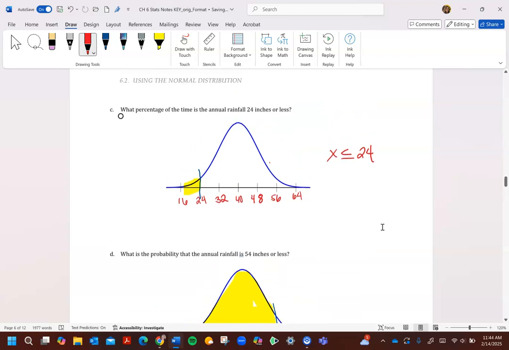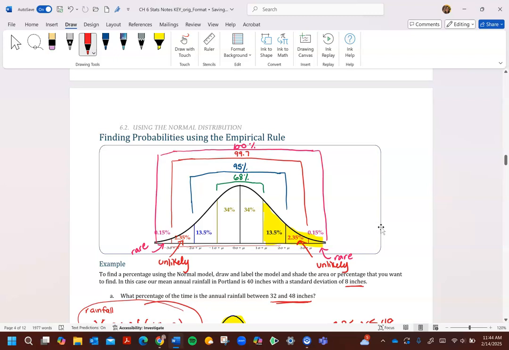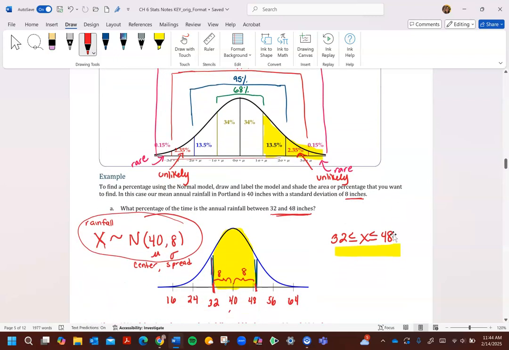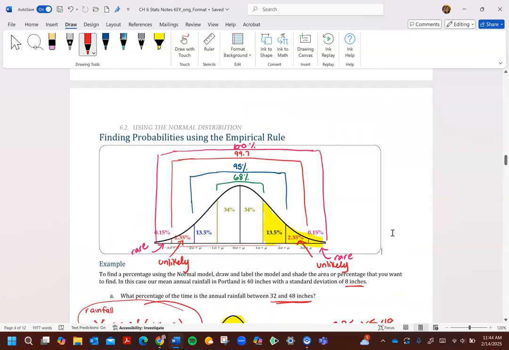And I would go up to my empirical rule. And we have to pay attention to what standard deviation that is. That was 2 standard deviations away from the mean. So we're looking at this part right down in here.